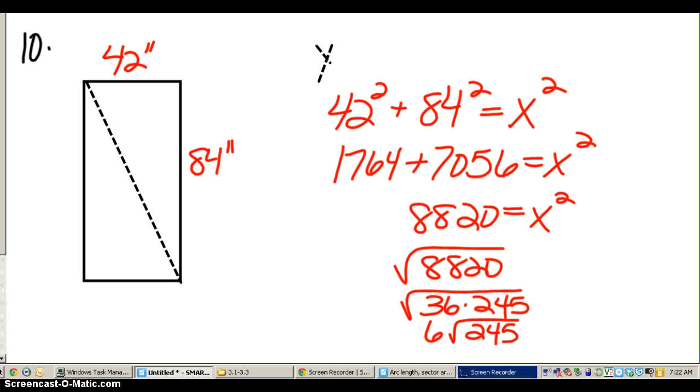And then we need to break 245 down. And so that 245 breaks down into 49 and 5. So I pull the 7 out, multiply it against the 6, and I get 42 root 5.